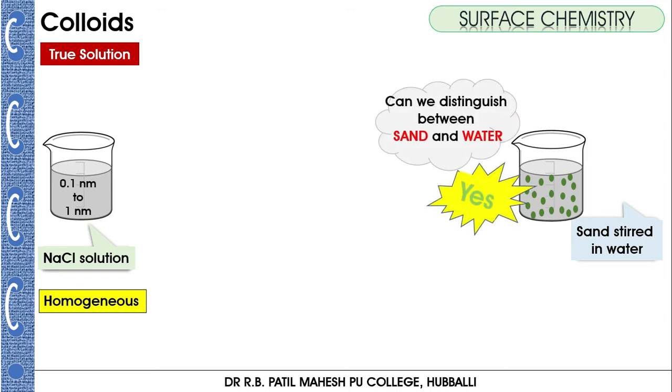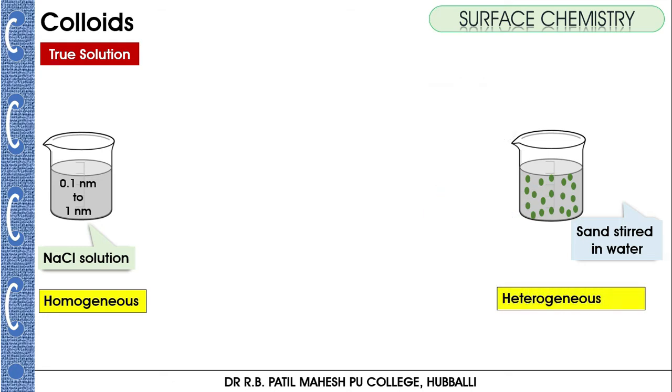We can clearly distinguish between sand and water. This type of solution is called a heterogeneous solution, where composition does not remain uniform throughout it. And this type of solution is called a suspension. And students, in the case of suspensions, particle size is greater than 10^3 nanometers.